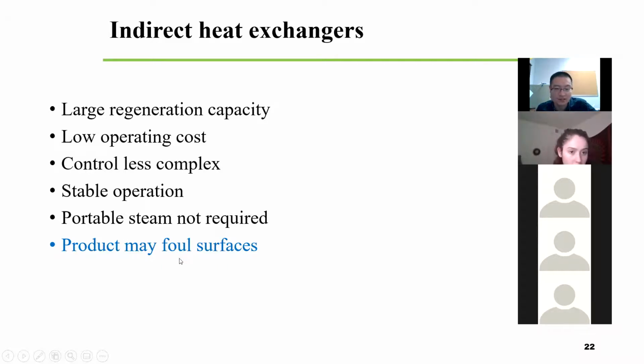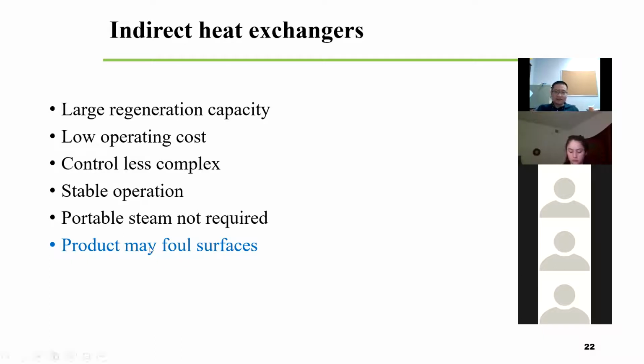But the issue is that the heat exchangers have very thin layers of tubes or plates, and assuming the milk is overheated somewhere, it can easily clog those thin areas.